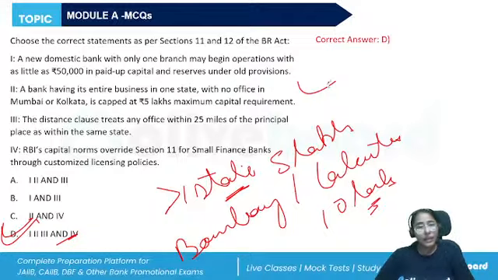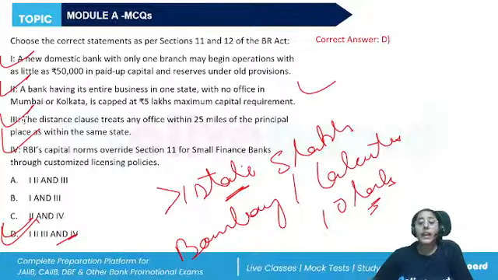All right. RBI has stipulated specific and different minimum capital structure or norms for the SFBs and universal banks, which will have to be separately followed. So all of these statements are correct.